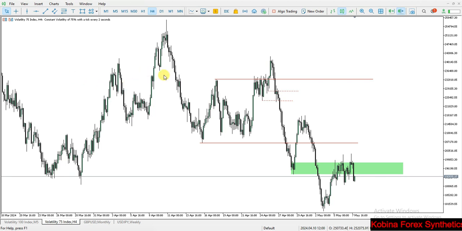So anytime we have one form of consolidation or the other, and then we have the market trading above and below it. Okay, so if we have a high and a low within a consolidation, and then we have a market trading above it or below it, we regard it as a dealing range.